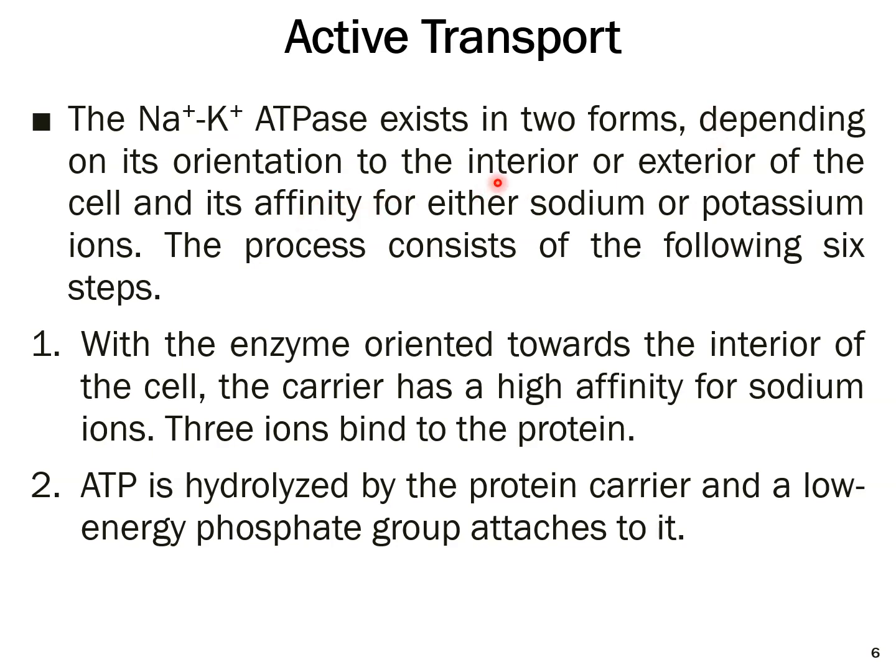Either it is oriented to the interior of the cell or it is oriented to the exterior of the cell. That is one criterion for its 2 forms, and the second criterion is its affinity for either sodium or potassium ions. Whether it has affinity for potassium ions or sodium ions also gives it a different form.